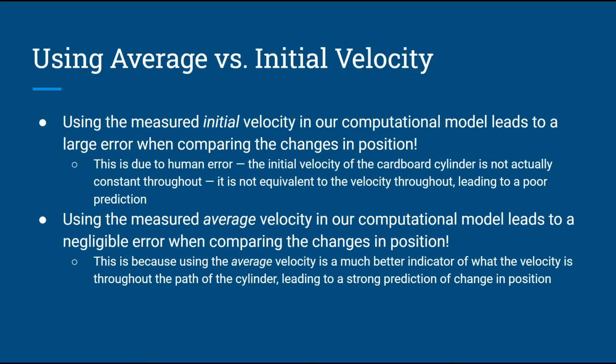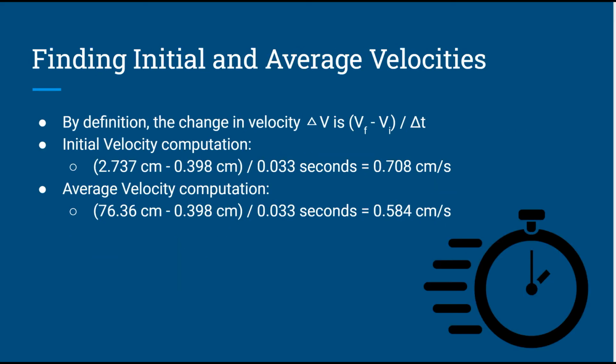Using the measured average velocity in our computational model leads to a negligible error as compared to the measured initial velocity when comparing the changes in position. This is because using the average velocity is a much better indicator of what the velocity is throughout the path of the cylinder, which leads to a much stronger prediction of change in position. To find the velocities that I then used in my computational model, I conducted the following calculations.